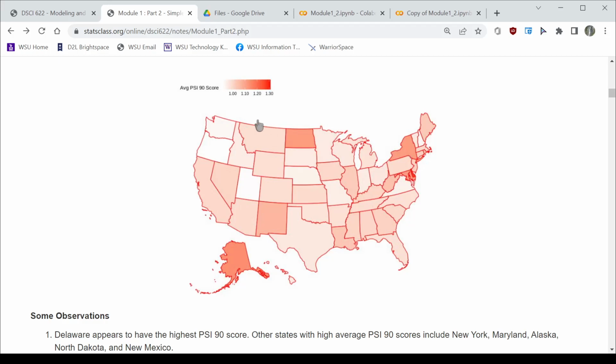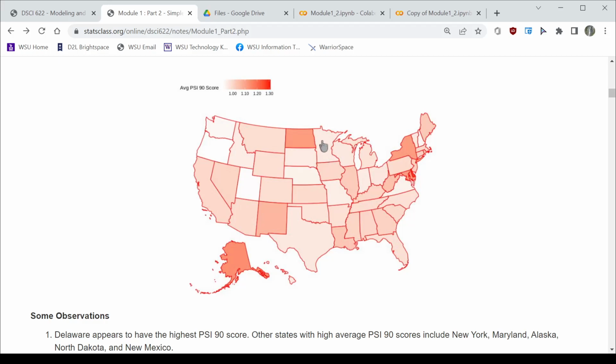I do have some that are on the low end here of this patient safety measure. So hospitals in Washington and Oregon are fairly low in that PSI 90 score. Utah here, what is that? New Hampshire, I think that is fairly low. Now there is certainly going to be variation within each state as well.